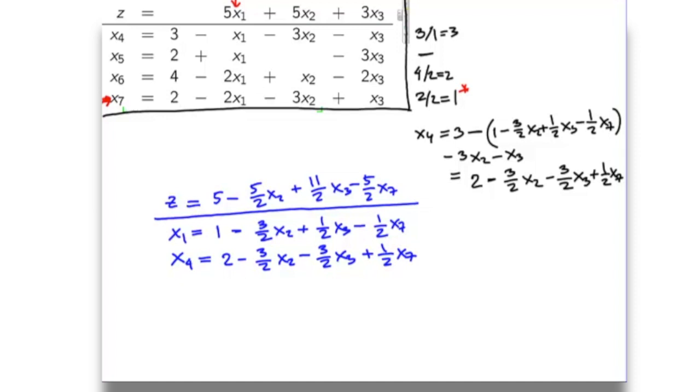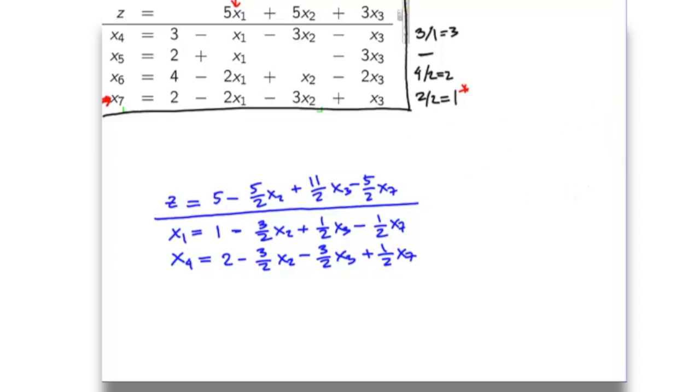All right, so let's move on to the next constraint. So in the next constraint we have x5.